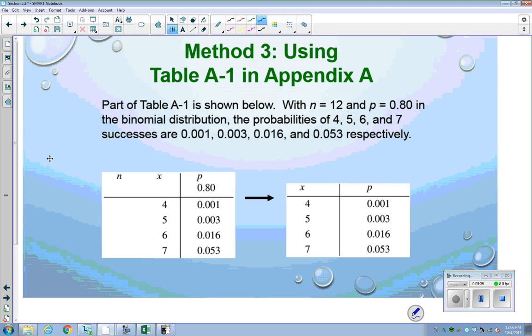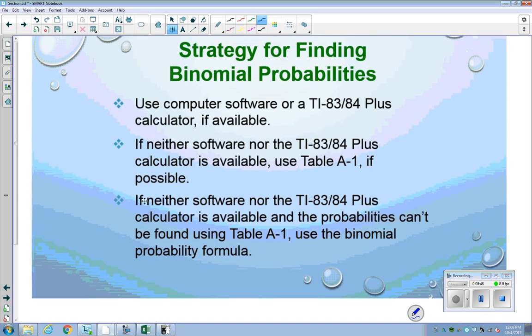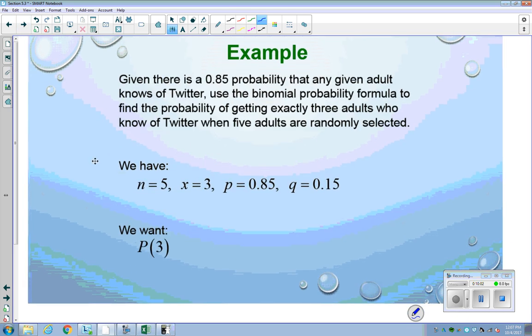Or you could use a table in the back of your book in the appendices. So lots of different methods. It's going through here and saying that they prefer using the computer software. We're not. We're going to use this. You can always do it otherwise, but here we go.